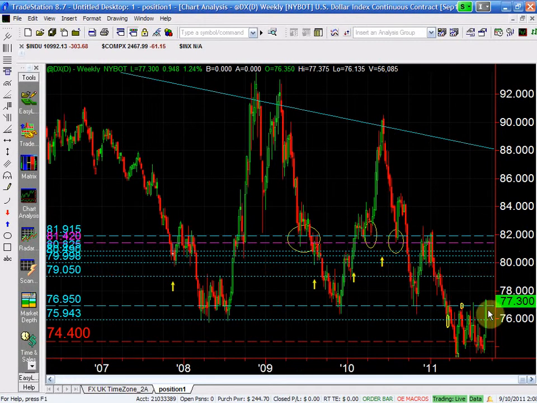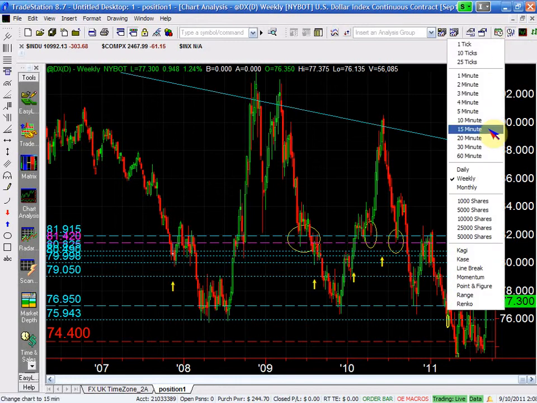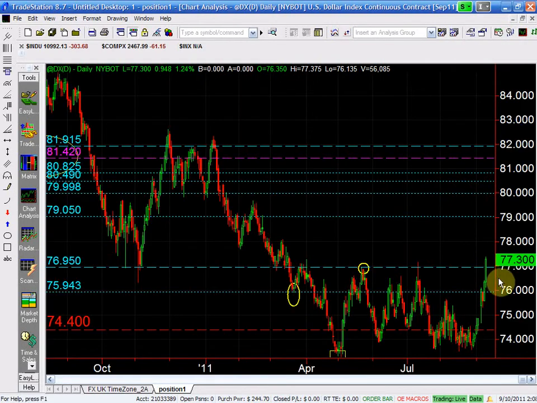I can tell you, since we broke above the 76.90, we are now beginning to have the first break of the structure point, and that close would be the first indication of a trend change. If we go down to a smaller time frame, I have a very high confidence now that on the daily chart we have a trend change.